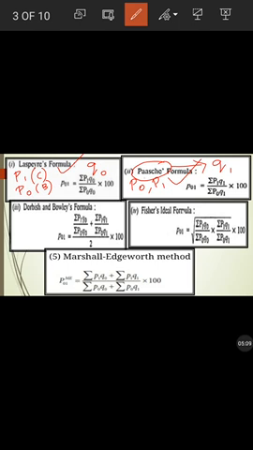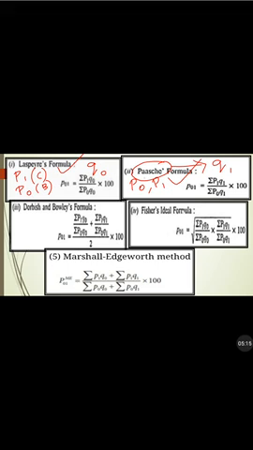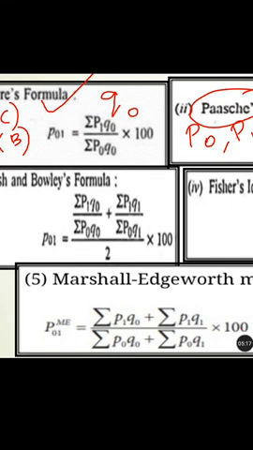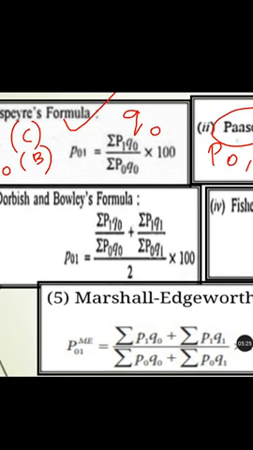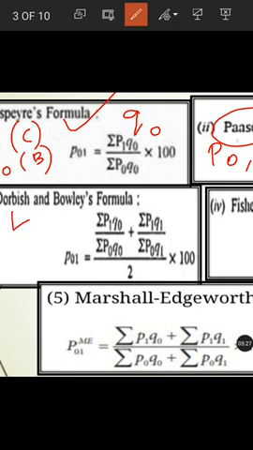Now moving on to the third method, Bowley's method. For Bowley's method, we take both L and P. L is Laspeyres' and P is Paasche's.